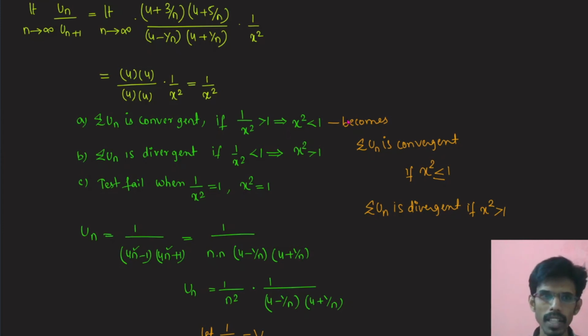So by test failure we see that convergence can include x square greater than 1 also.